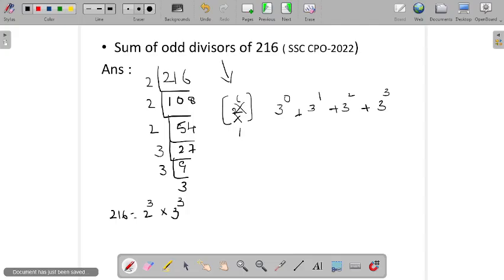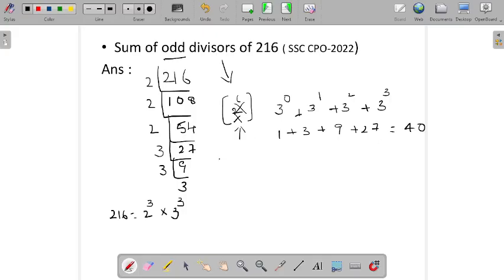So 2 should not be taken even though it is a factor, just because we are finding the sum of odd factors. So here the answer is 1 plus 3 plus 9 plus 27, 36 plus 4, 40 is the answer.